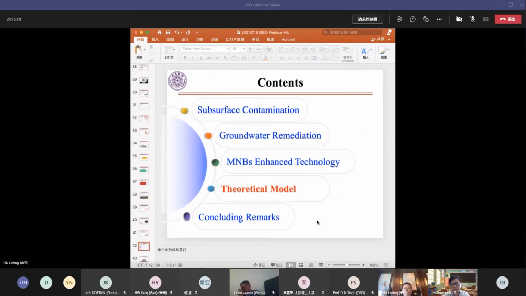So we developed a theoretical model to simulate the whole remediation process.